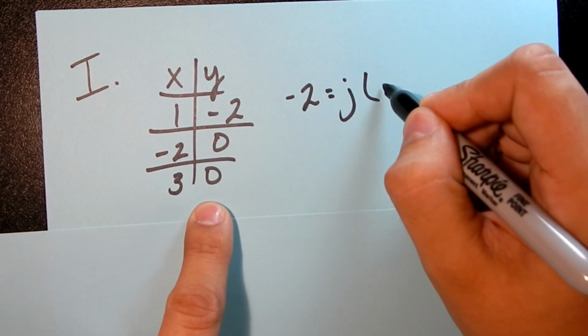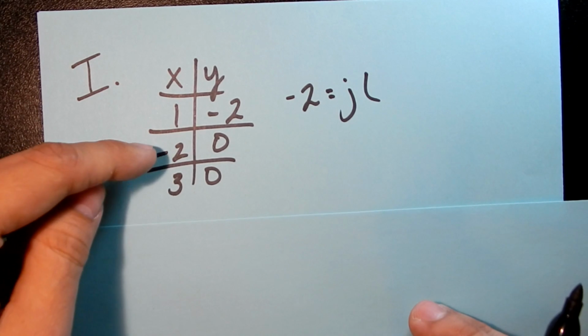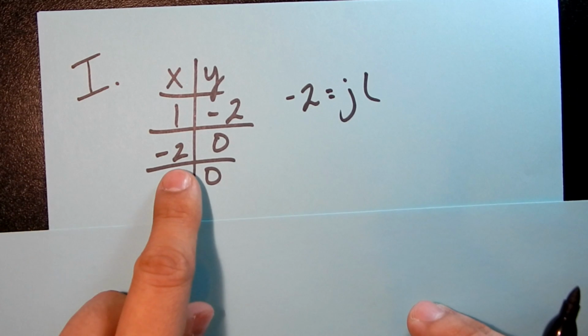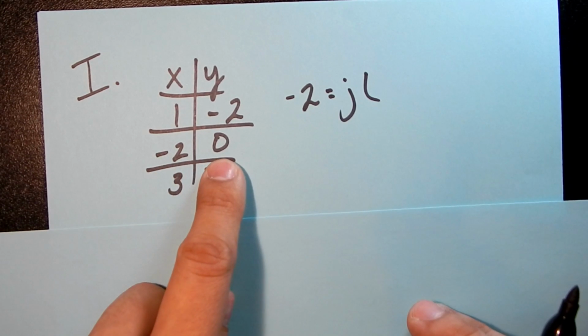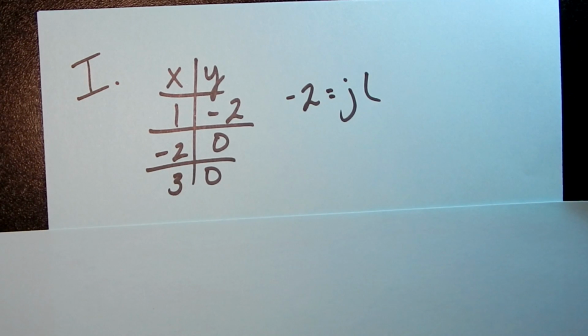Now we need to turn them into factors. If this is a solution to a polynomial, we need to say what factor gave us that solution. Let's take a sidebar real quick. What do I mean by that?